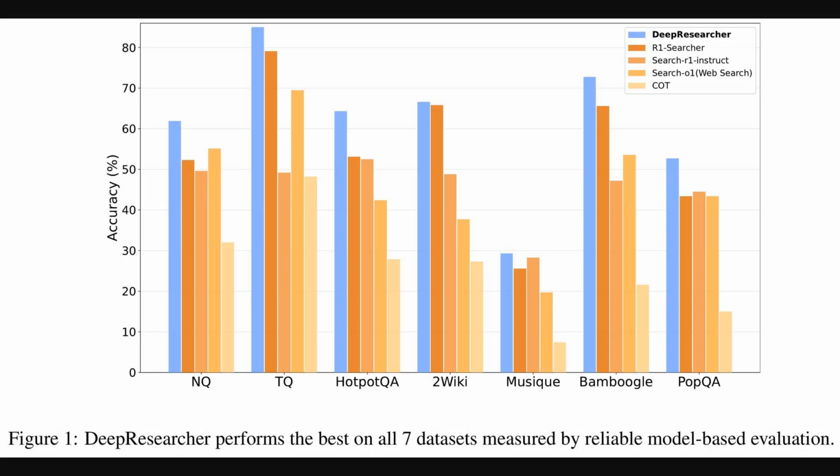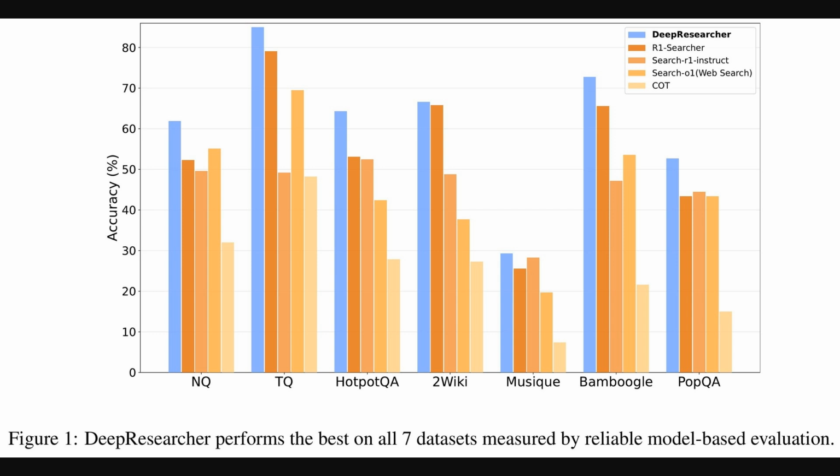Okay, so looking at the results, this first figure here gives us a comparison of DeepResearcher's performance against other methods. The blue bar represents DeepResearcher, and the orange bars are other approaches like RAG-based models or simpler search methods. Along the bottom, you see different question-answering datasets they tested on, like NQ, TQ, Bamboogle, and others.